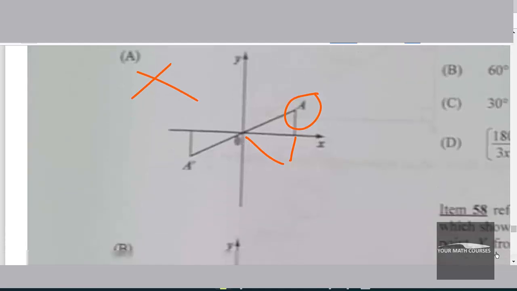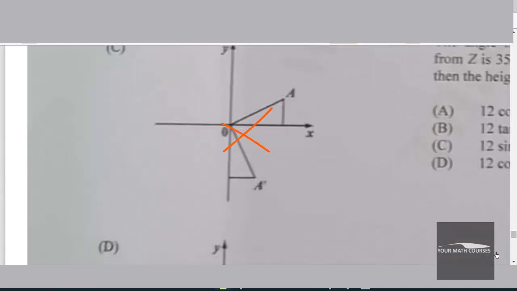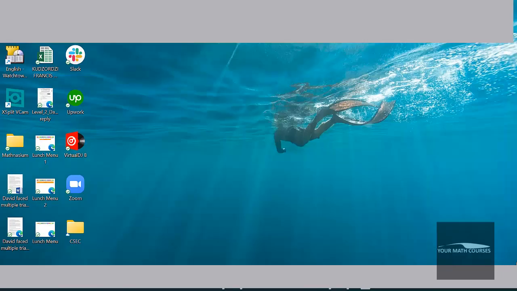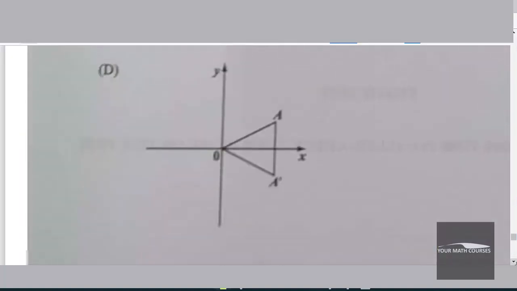So if A is here and we reflect it, it should come down here. So this is not correct. This is also not correct. This is also not correct. So of course, option D is the correct one. Because if A is here and we reflect it in the x-axis, the image should be here. And that's correct.